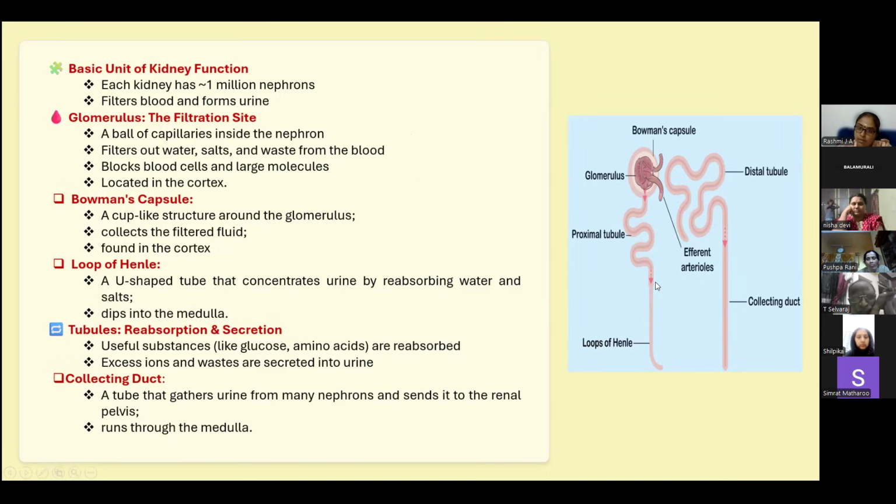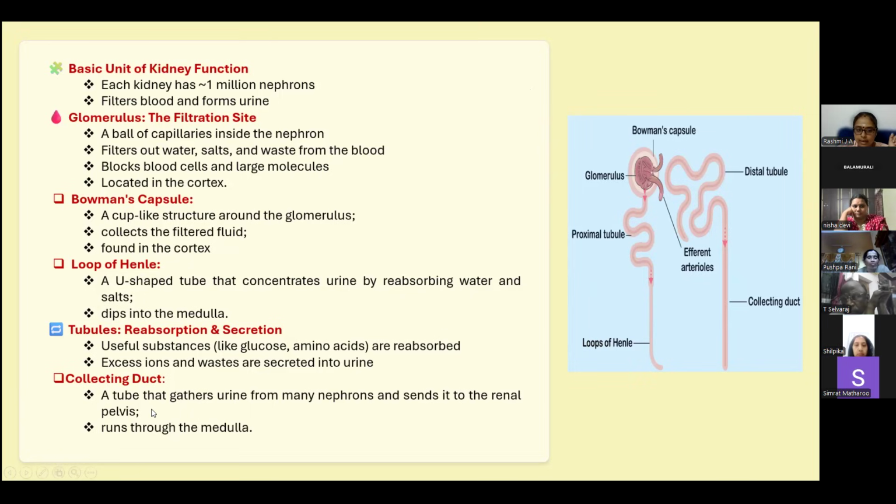Even though the blood is first purified and urine is collected, from that urine also the reabsorption of minerals happens. Only the second filtered fluid comes out. Useful substances like glucose and amino acids are reabsorbed, and excess ions and waste are secreted into the urine.